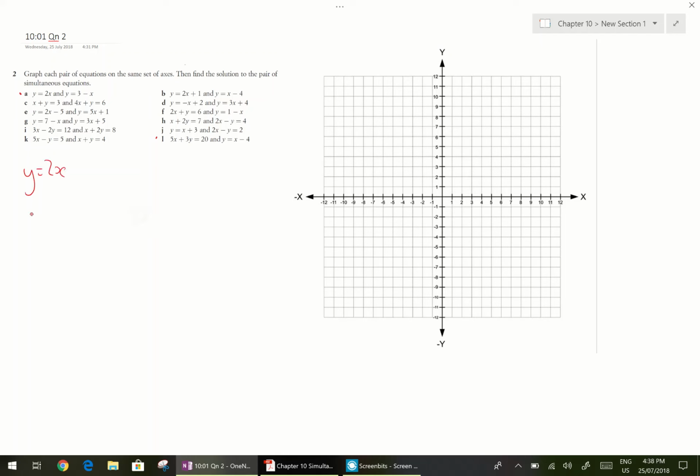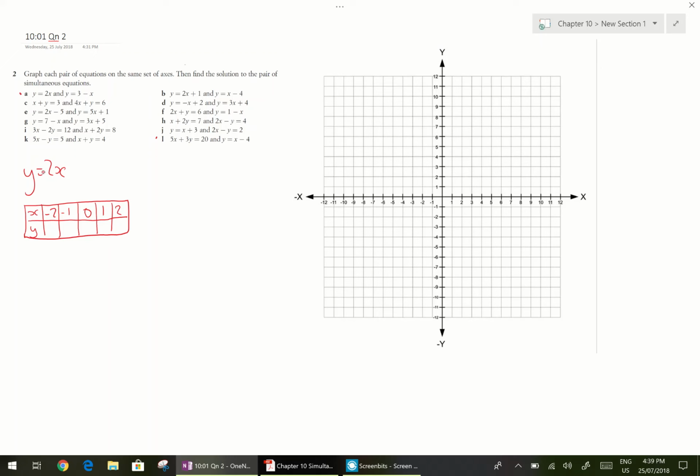What I would recommend you do is you draw a table of values with x on top and y on the bottom. Pick the values of -2, -1, 0, 1, and 2. And what you're asking is, if we pick x to be -2 in this equation up here, what will y be?